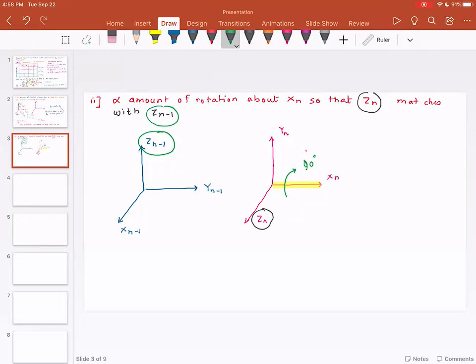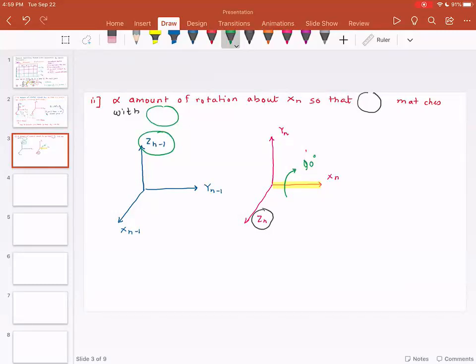Right now, please don't focus on the theta rule, just focus on the alpha rule. The reason for the alpha rule is that the rotations are about two different axes. So first, I want you to note what is going to happen here. There are two axes, Zn and Zn minus 1. The rotation is about Xn. Please hold your questions before I explain these rules, okay? Because if I start answering questions, this may get confusing, or I may get confused. So please bear with me. Let me finish the 4 rules and I'll answer your questions.